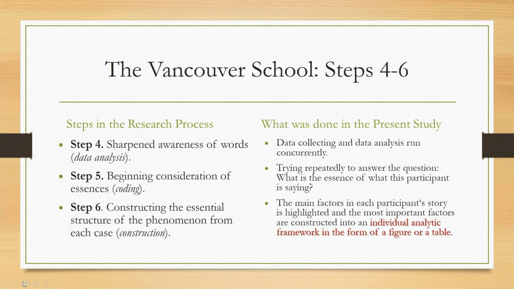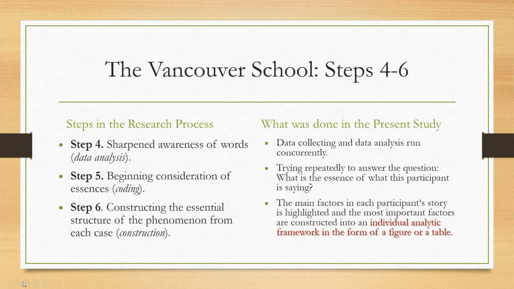And the main factors in each participant's story is highlighted, and the most important factors are constructed into an individual analytic framework in the form of a figure or a table. And I put it in red because if you compare the Vancouver School to all the other different schools, this is unique for the Vancouver School.